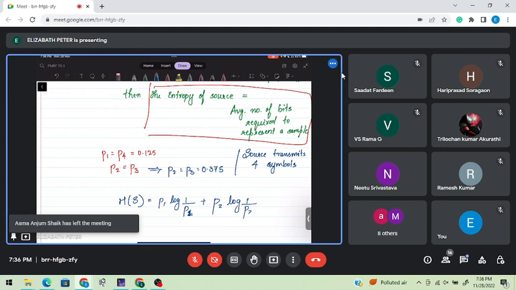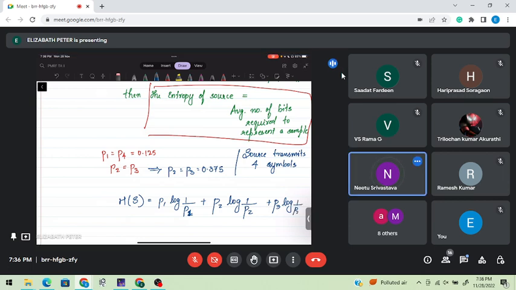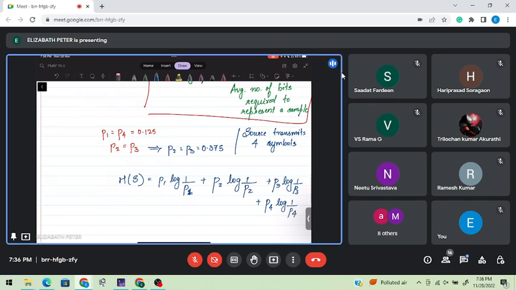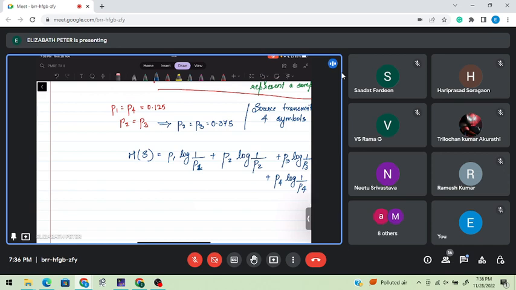So whenever you are given probabilities and the symbols, the entropy depends only on the probability mass function, and it is given as summation over i of Pi log 1 by Pi.